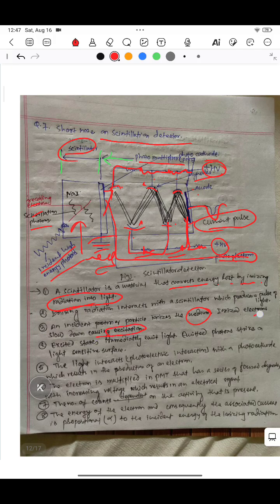Once the ionized electrons slow down, they return to the ground state, and the excited states immediately emit light. The emitted photons strike a light sensitive surface, and the light interacts by photoelectric interaction with the photocathode, which results in the production of the electron.